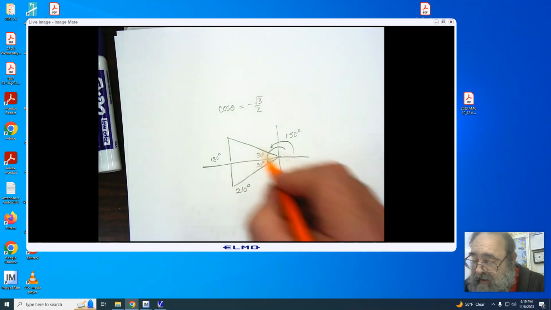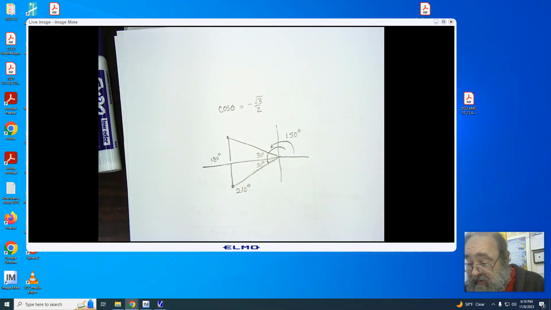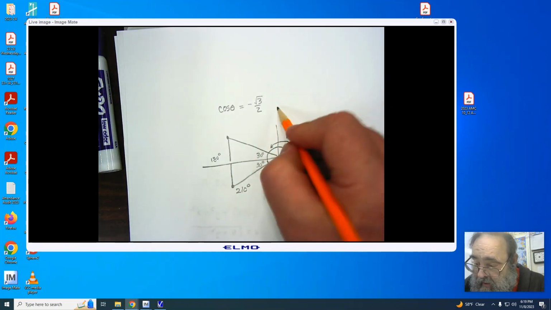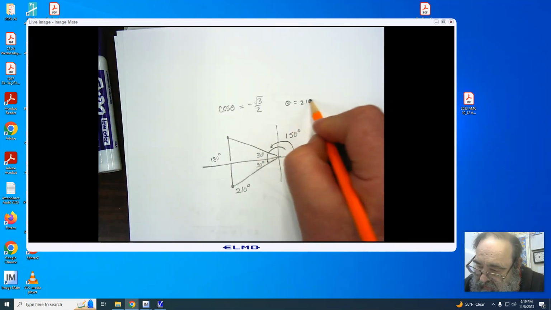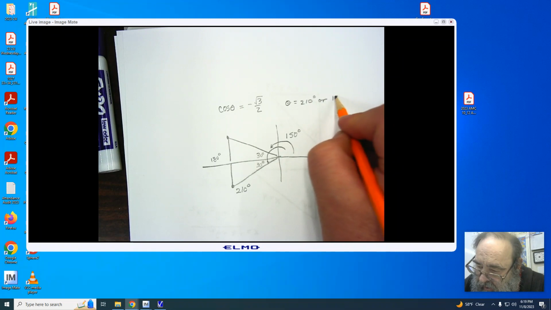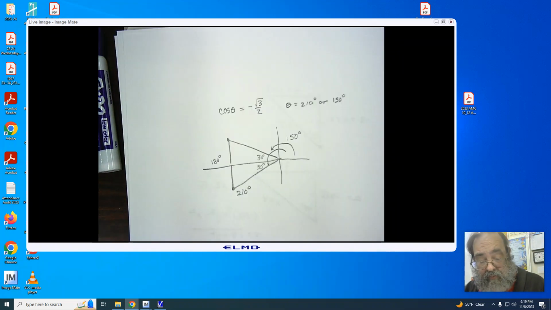Notice how in both cases I have 2 options, because there are 2 possible angles. And my answer would be theta is either 210 degrees or 150 degrees. Once again, this is solving trig functions.